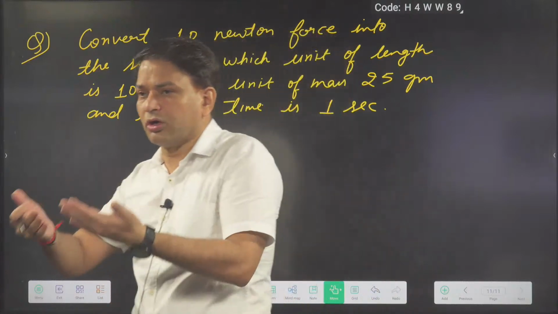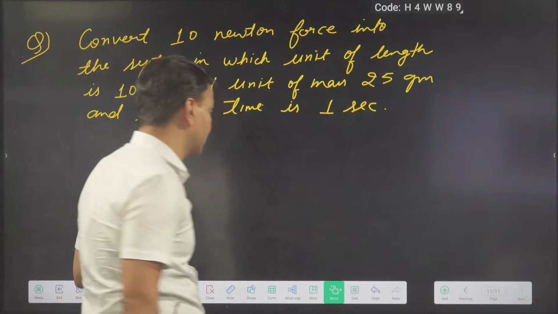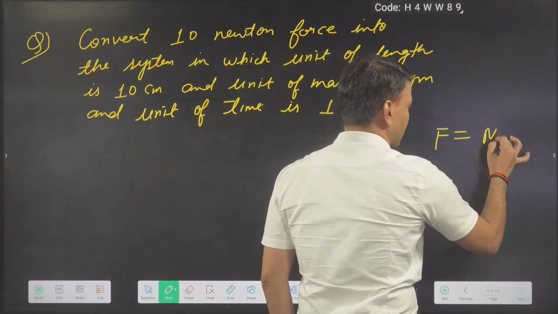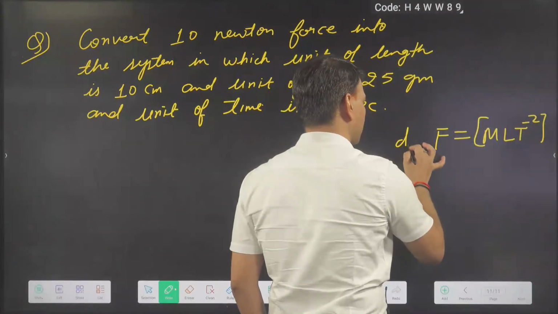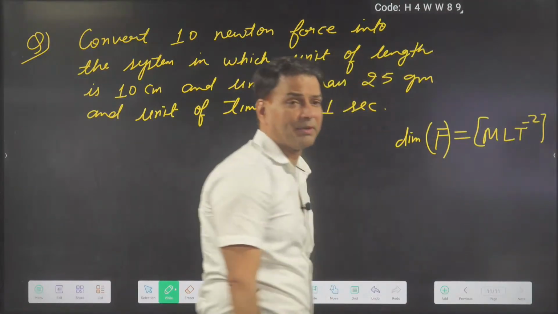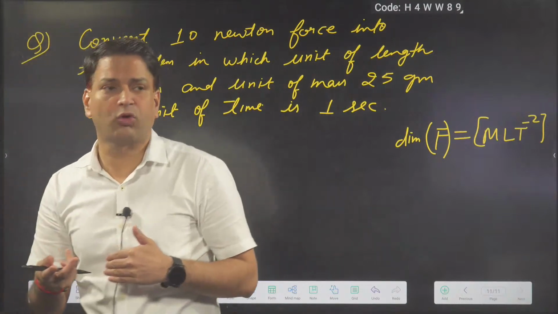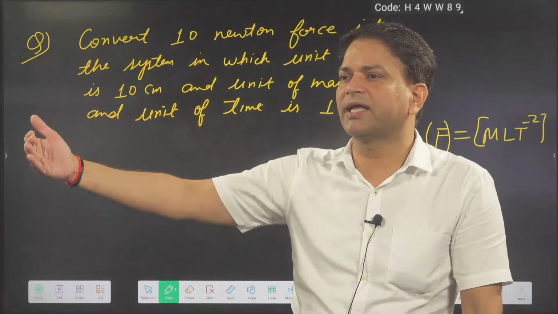So if you don't know, then first we have to write the dimension. Like if I write the force dimension, the dimension of force I know is MLT minus 2. So in the place of unit, first we will write the dimension. Now what is the mass unit in that system I am taking?